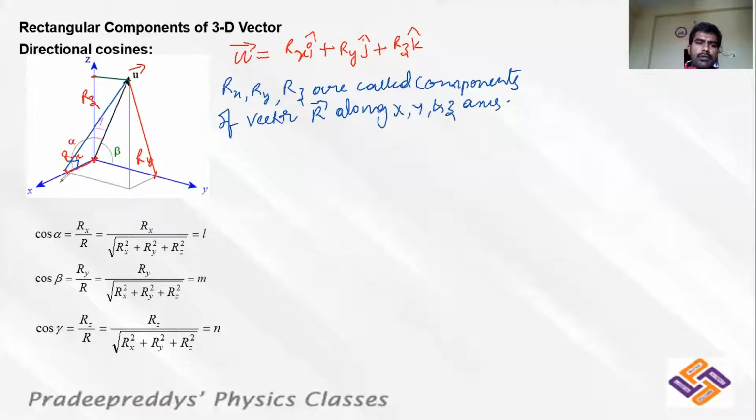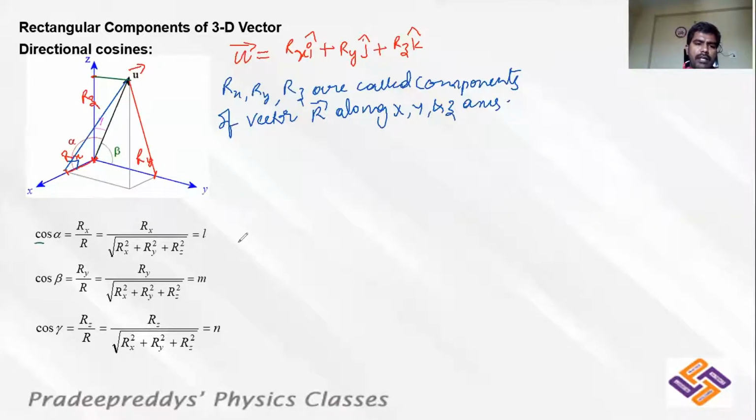Now, from those right angle triangles, you can write cos alpha is equal to x component divided by magnitude of r, cos beta as y component divided by magnitude of r, and cos gamma is equal to z component divided by magnitude of the vector r bar.